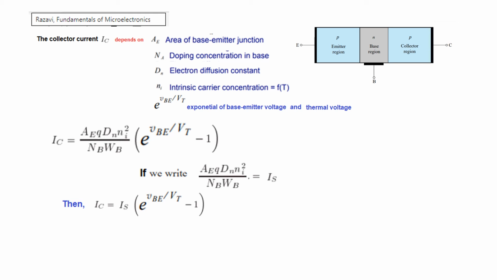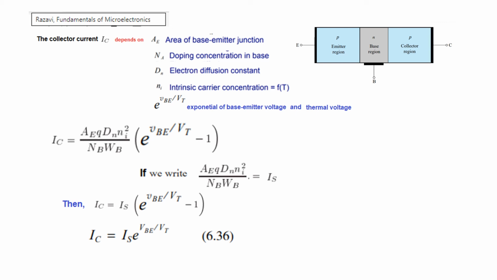Now this exponential is quite large compared to 1, so in most cases this can be further simplified as IC is equal to IS e raised to the power VBE over VT. So this is the equation that is generally followed.